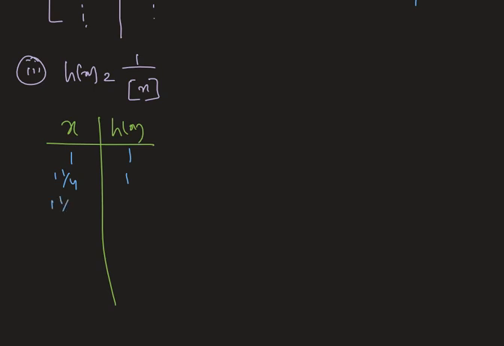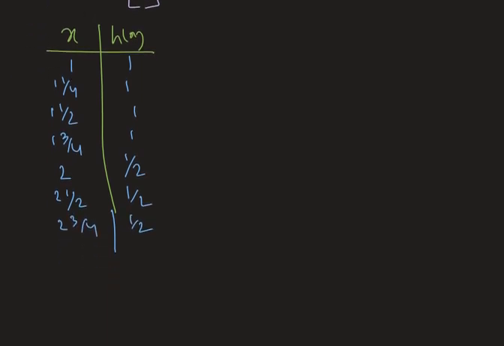If it is 1 and a half, we also get 1, and if it is 1 and 3/4, then we also get 1. If it is 2, then we get half. If it is 2 and a half, then we get half. If it is 2 and 3/4, we get half, and if it is 3, then we get 1/3.